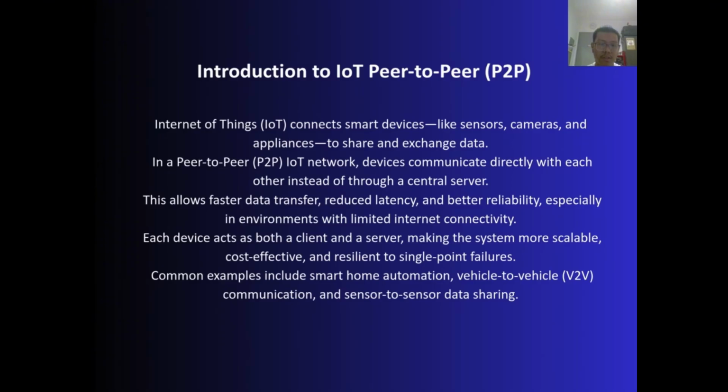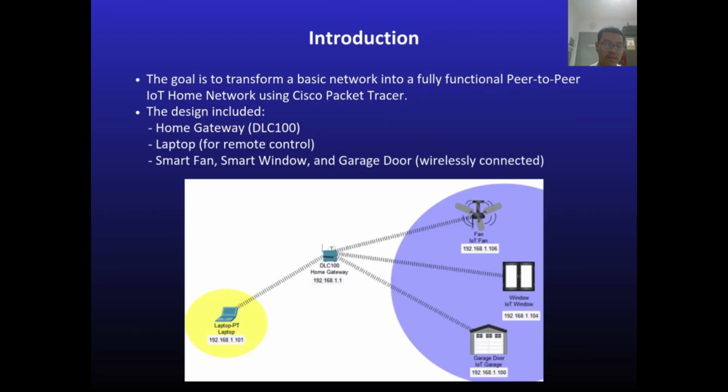This allows faster data transfer, reduced latency, and better reliability, especially in environments with limited internet connectivity. Each device acts as both client and server, making the system more scalable, cost-effective, and resilient to single-point failure. Common examples include smart home automation, vehicle-to-vehicle P2P communication, and sensor-to-sensor data sharing. Okay, so let's start.